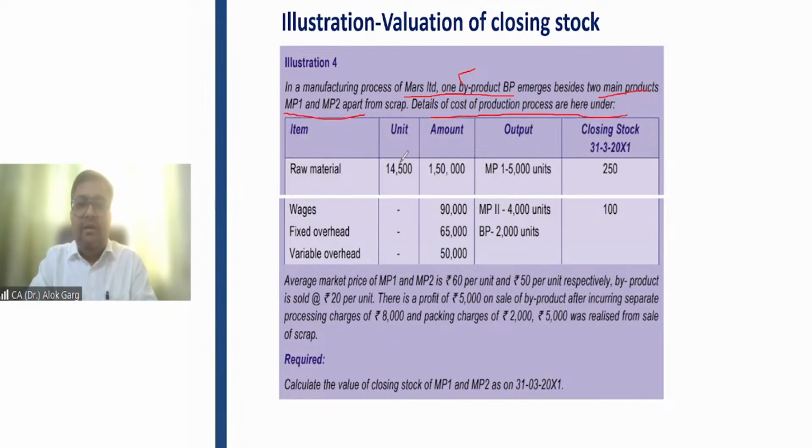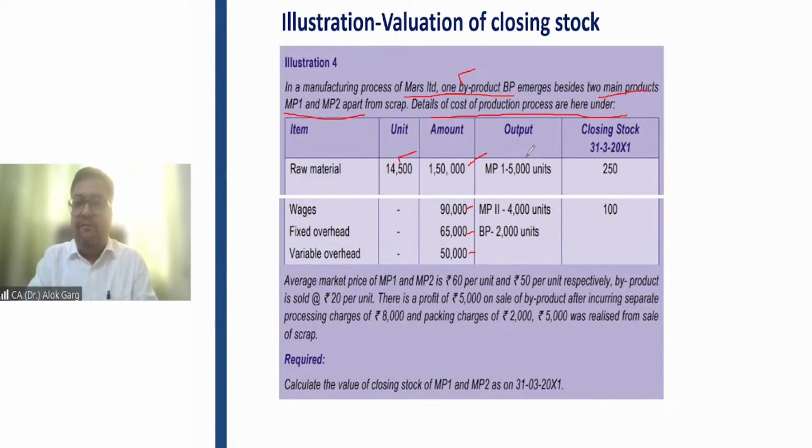Raw material, 14,500 units, the amount is 1,50,000. Wages, 90,000. Fixed overhead, 65,000. Variable overhead, 50,000.